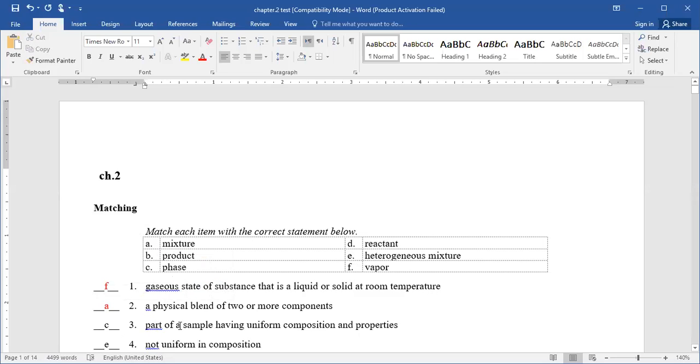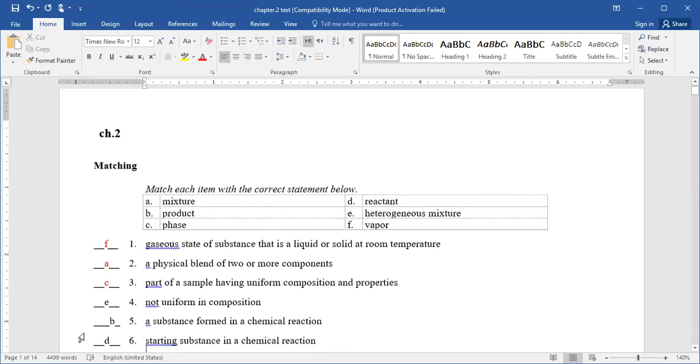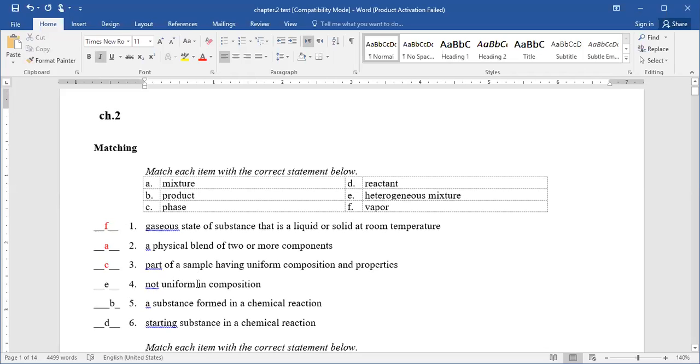Part of a sample having uniform composition and properties. Part of a sample, that will be phase. Not uniform: if it's not uniform in composition, it will be a heterogeneous mixture.